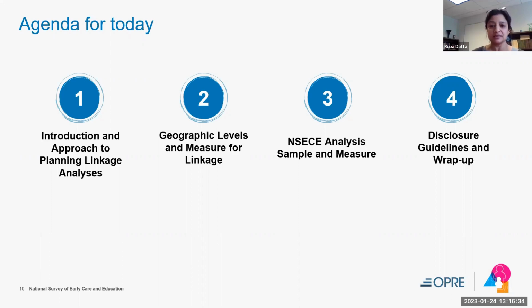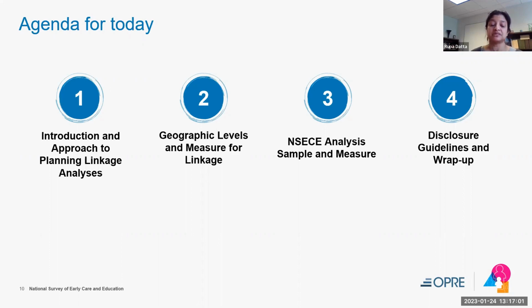Pretty much anything that you would do to implement the ideas that we talk about today, any kind of linkage analysis, is likely to require what we call level 2 restricted use access. So Vrinda mentioned public use, and level 1 restricted use data are available from the CFDA archive.